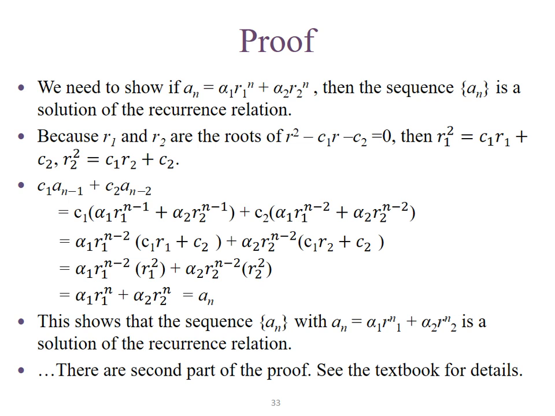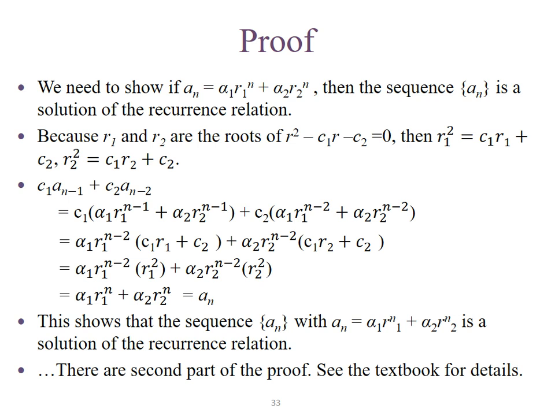And we can also replace a_{n-2} in a very similar manner. And then by observing this equation, we can see we have something in common, because we have c1 r1 times something. We also have alpha 1 and r1 times something.